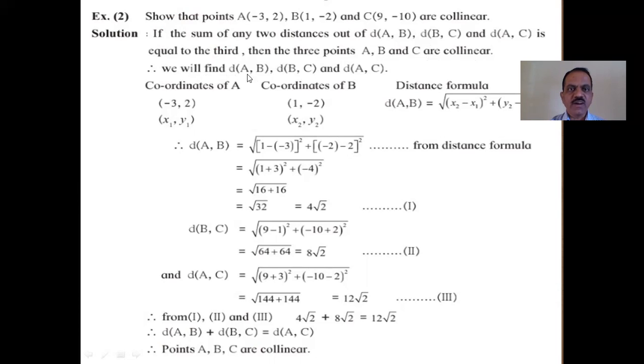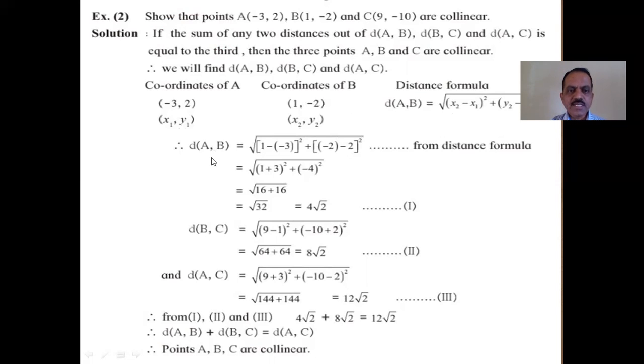Therefore, we find out the first of the three distances. The coordinates of A, we write here -3, 2 as x1, y1, whereas the coordinates of point B are 1, -2, which are written as x2, y2. Using the distance formula, we put in these values and find the distance AB.